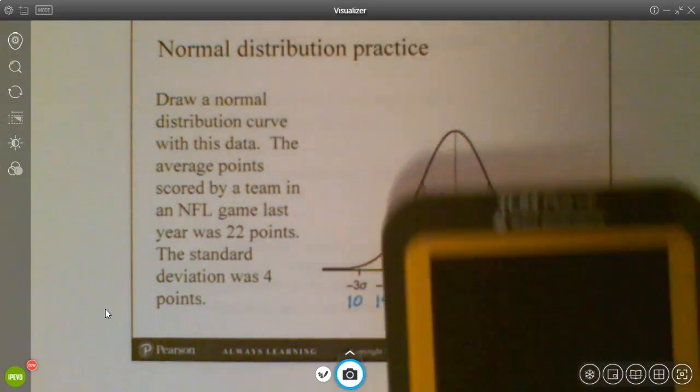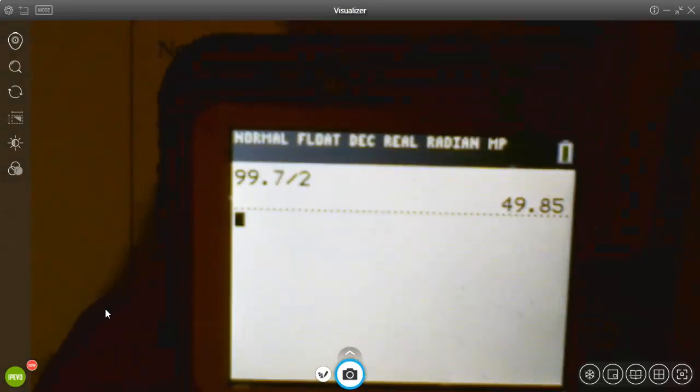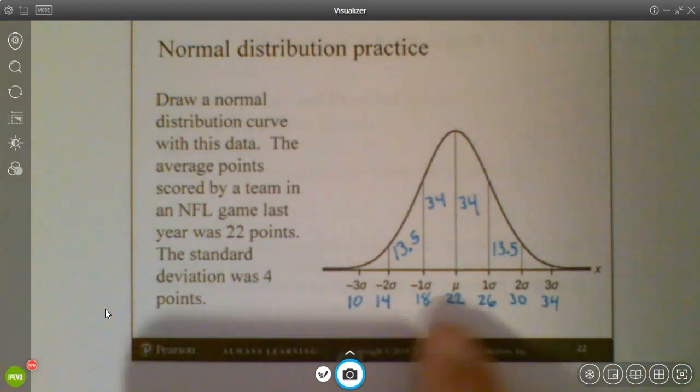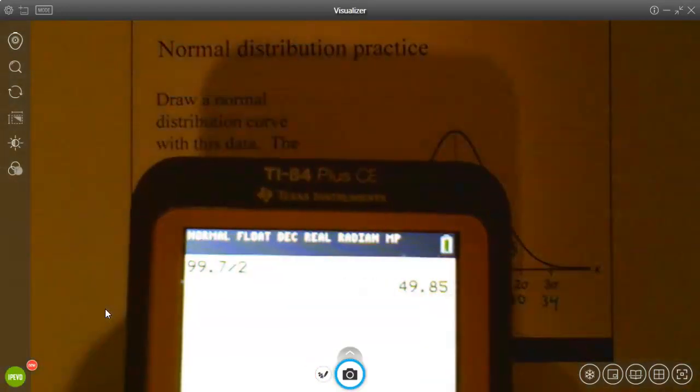Let me just do a little quick math on this. 99.7 divided by 2 is 49.85. Sorry, it's getting a little dark in here. So that represents from 10 to 22, which should be 49.85.